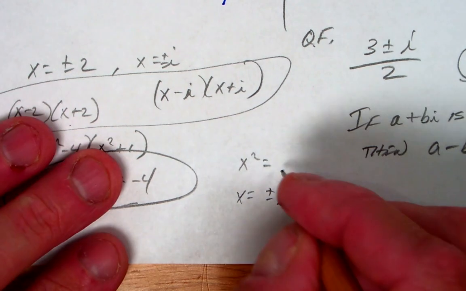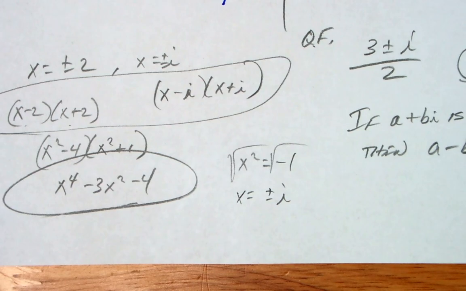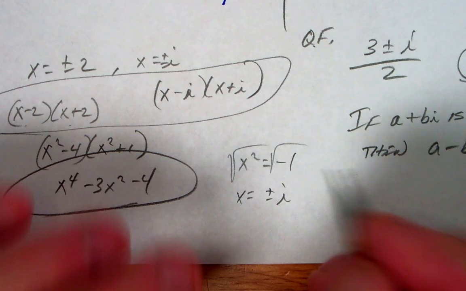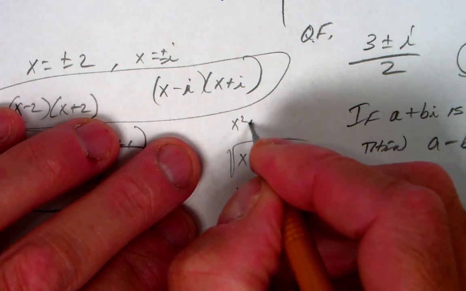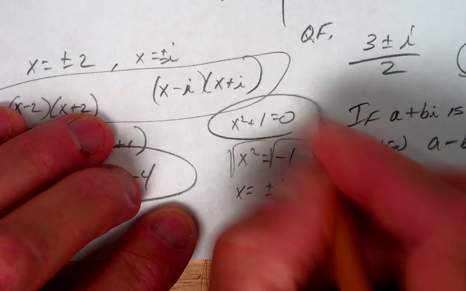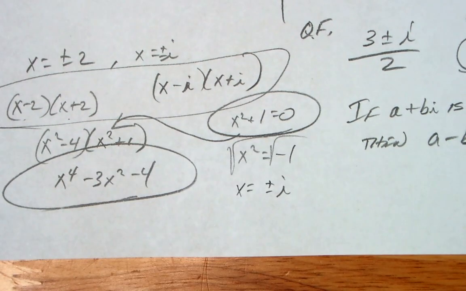Negative 1, right? Would you guys agree with that? If I square root both sides, I get plus or minus i? I'm going backwards. I'm building this equation back up. So if I get this set equal to 0, going backwards, look at that. There's my equation that yields those two solutions. Okay?